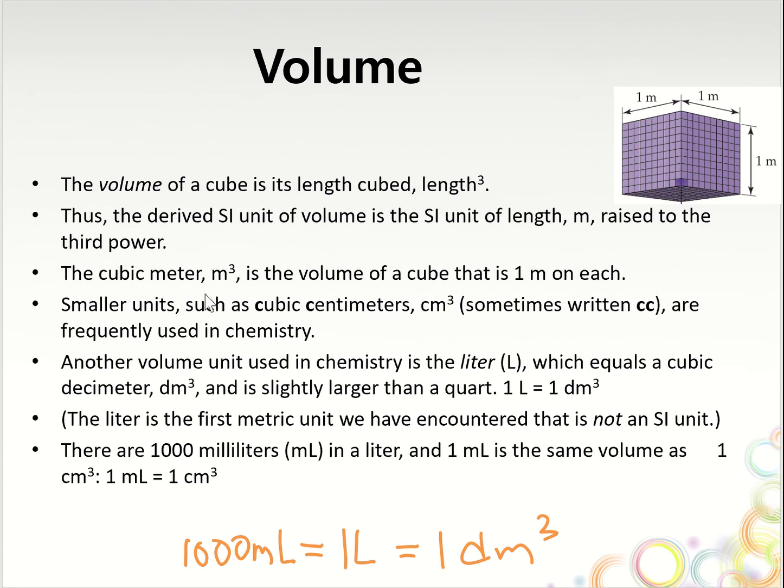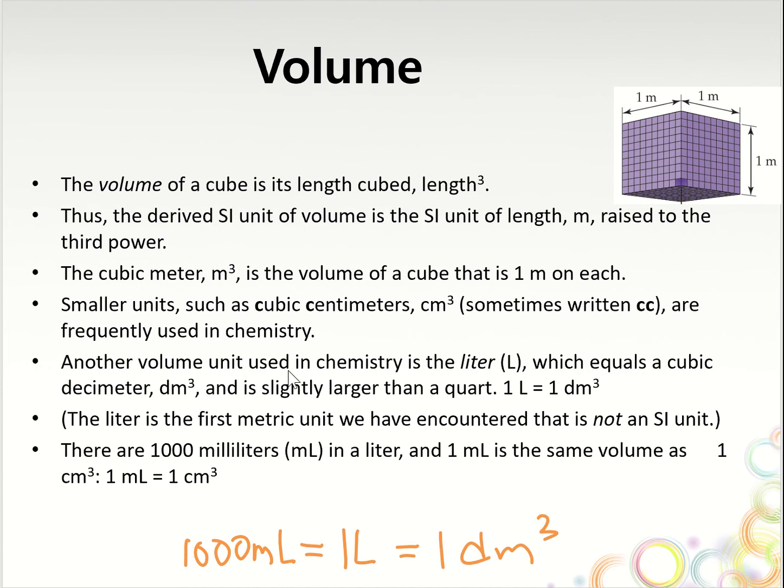The cubic meter is the volume of a cube that has 1 meter on each side, as we see here. Smaller units such as the cubic centimeter, which you will sometimes see written as cc, are frequently used in chemistry.